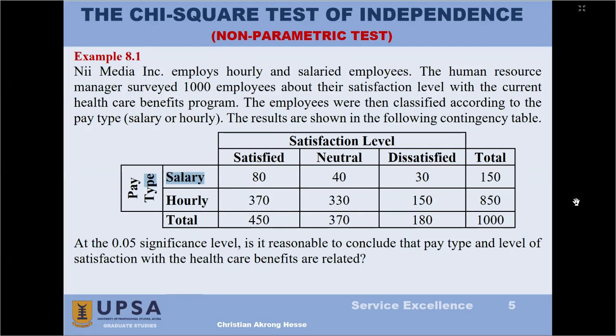So what is the research question here? The research question is: are pay type and satisfaction level correlated, or does one pay type determine his or her satisfaction level?